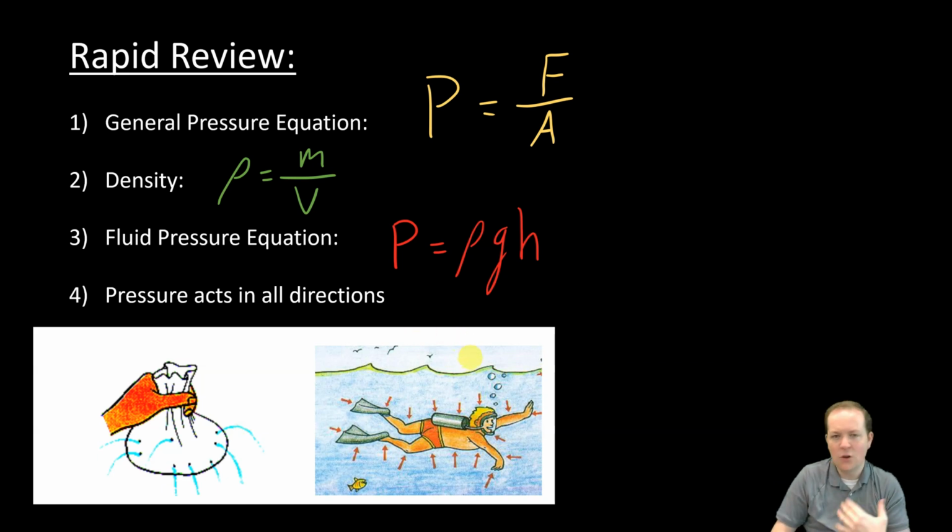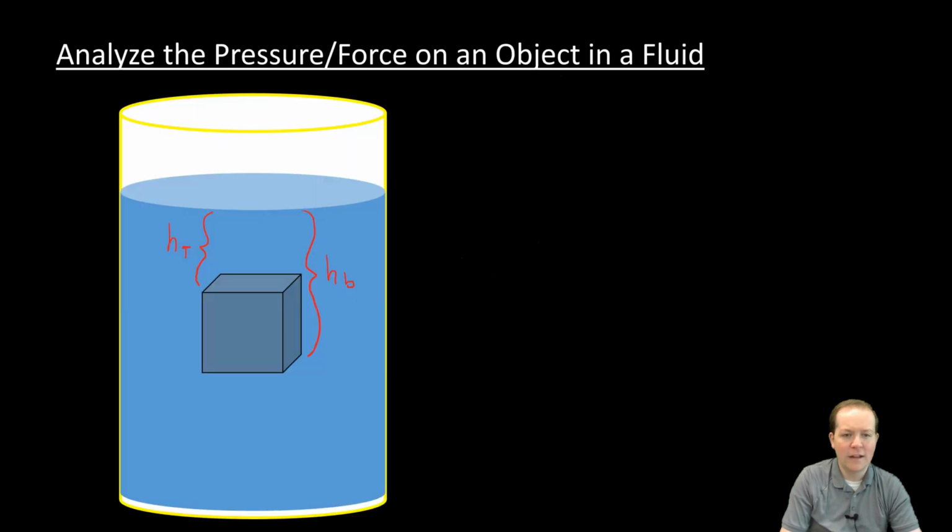So pressure is acting in all directions, inwards, outwards. Again, a diver going in the water feels a pressure from the water, not just downwards, not just left, but in all directions acting on them. It's acting inwards, we might say. So that's a core key idea.